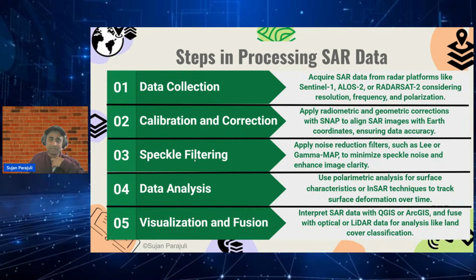That's the hardest part of this one. Then you do the data analysis and visualization, which are similar to the previous one, but this is more complex than multispectral processing.